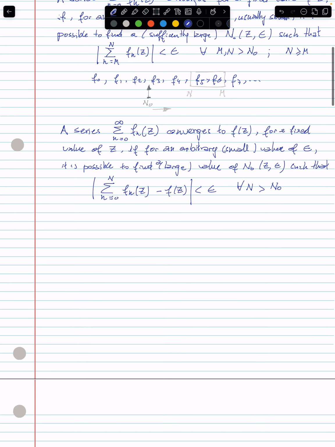And of course, it's probably important to recall what we mean by the radius of convergence of a series.